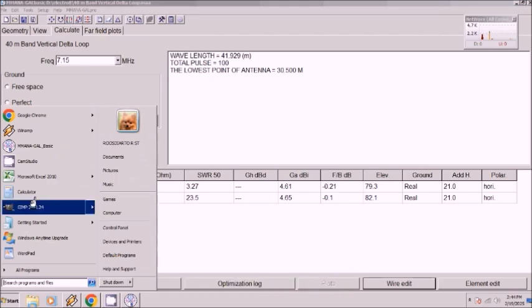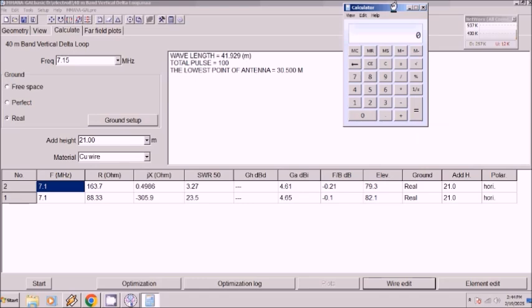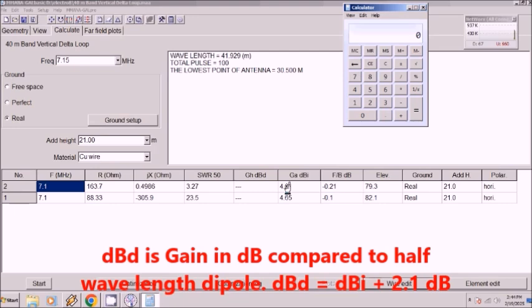Open the calculator here. To compare with the half wavelength dipole, this 4.61 here should be reduced by 2.1.